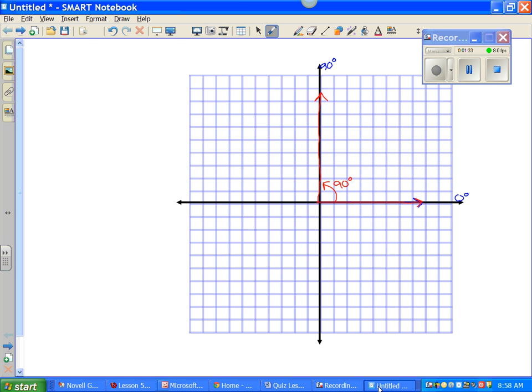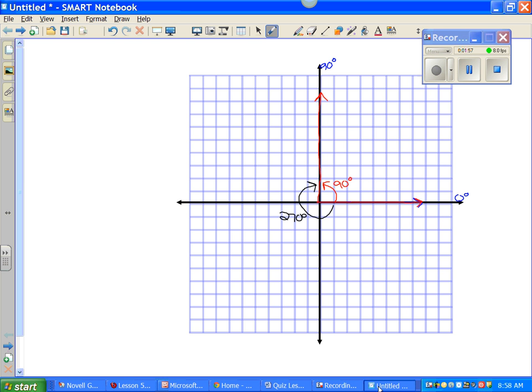So a negative coterminal angle, again, has to share the initial and has to share the terminal. So instead of going counterclockwise, I'm going to go clockwise, right? So here's my coterminal angle going in this direction. How many degrees is that? Good, that's 270 degrees, right?